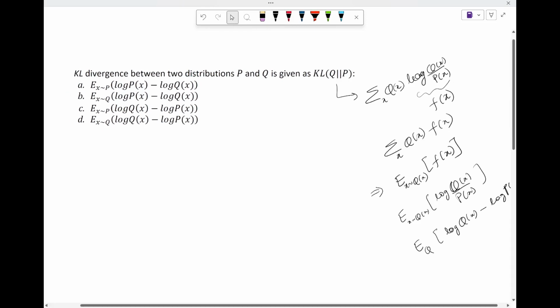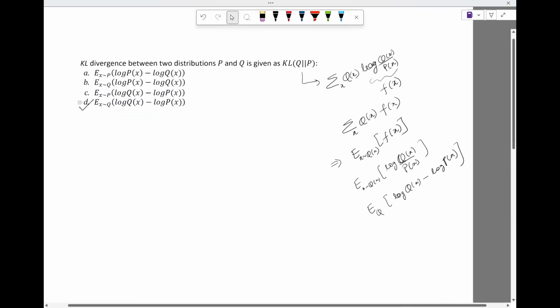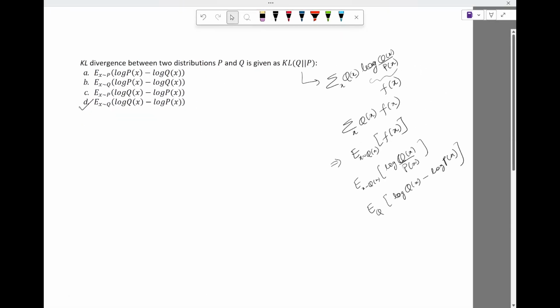So that is the D option, right? You're sampling from the Q distribution and computing the expected value of this term with respect to the Q distribution.